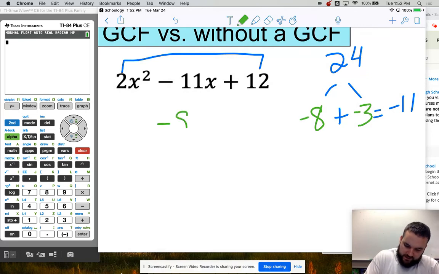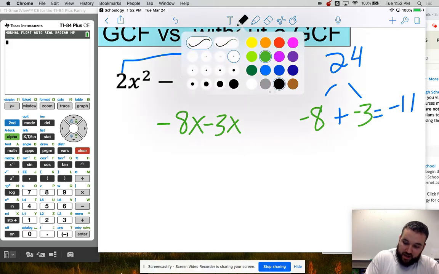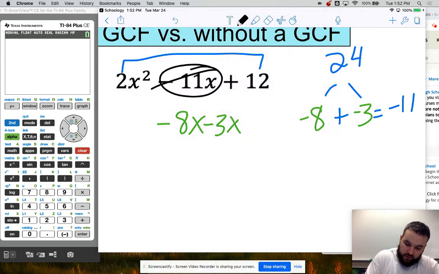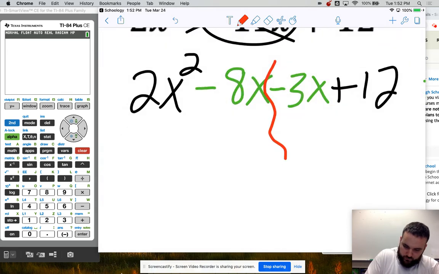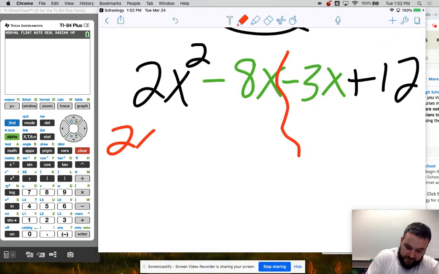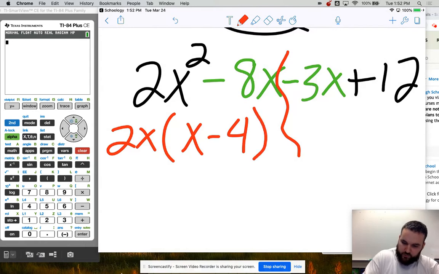So I'm getting rid of the minus 11x in the middle term, and I put minus 8x and minus 3x instead. Now I've got 4 terms. Now I can go about splitting it up. Left half has a GCF of 2x, which leaves me with x minus 4.